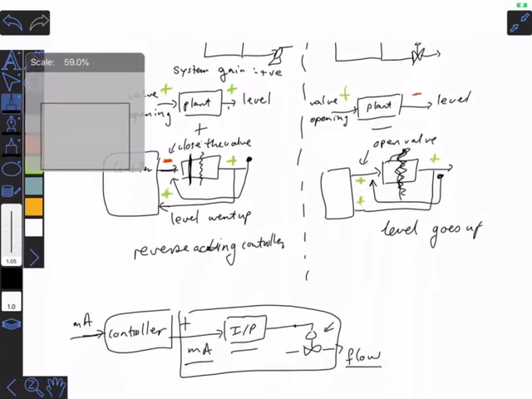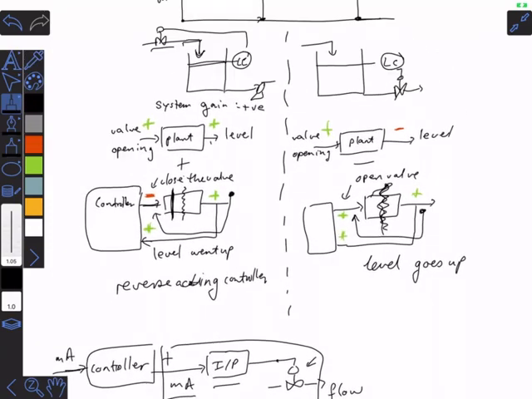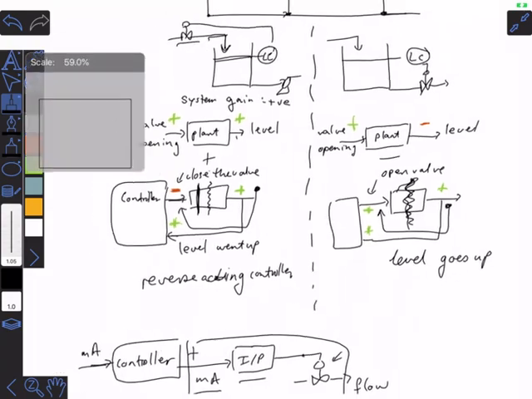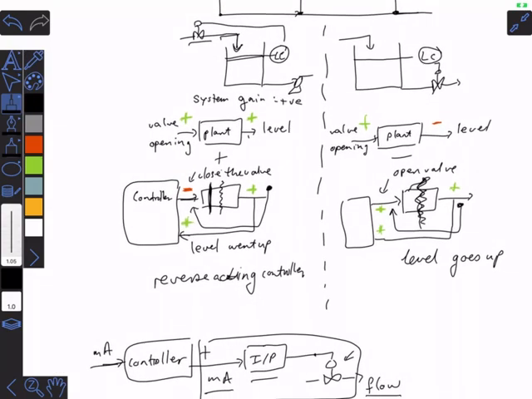On the high level, I'm much more of a high level person, so most of the time when I'm talking about the action of a controller, I'll try to be very clear about what the manipulated variable is, right? Are we manipulating a valve opening?